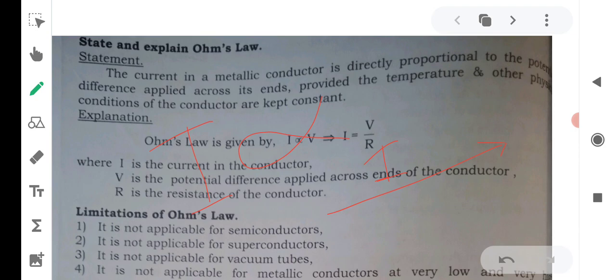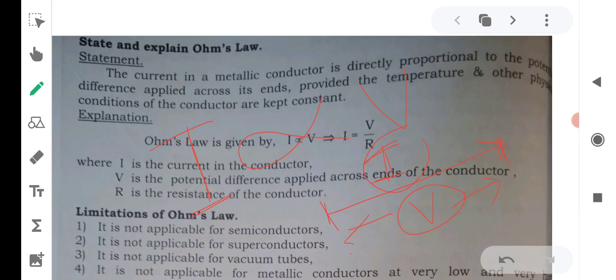For example, students, this is one end and this is the other end. Suppose V amount of potential difference is applied between these two ends. Then I is directly proportional to V, where V is the potential difference applied across the ends of the conductor and I is the current in a metallic conductor.